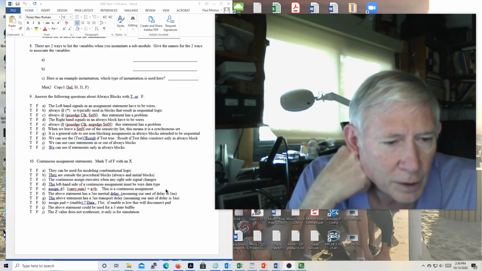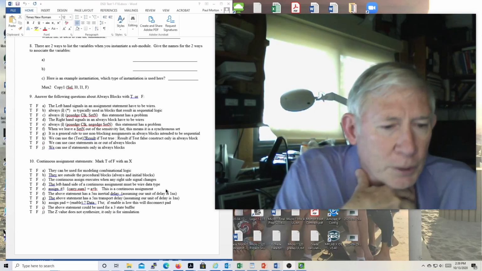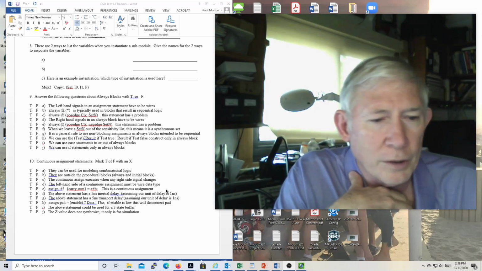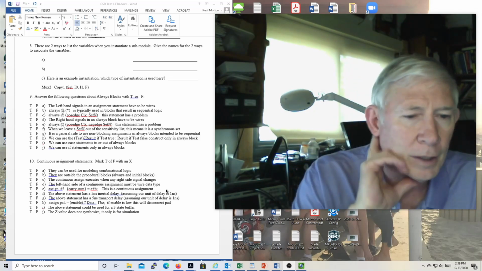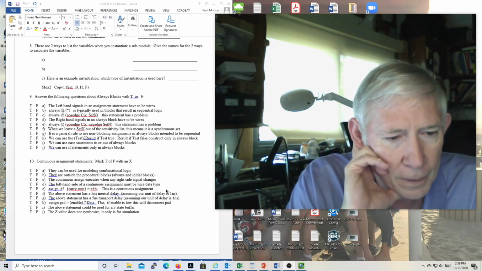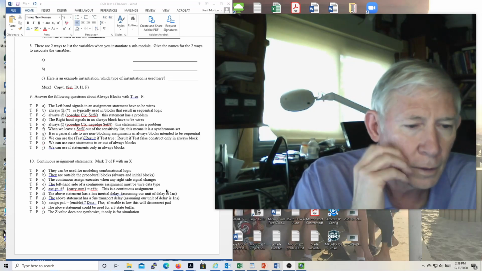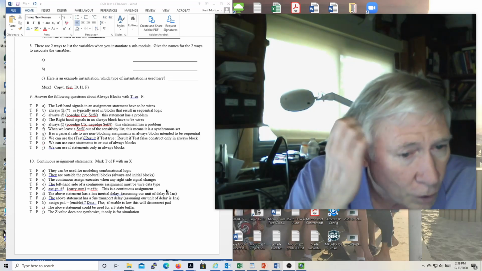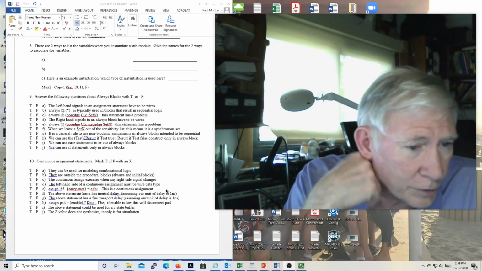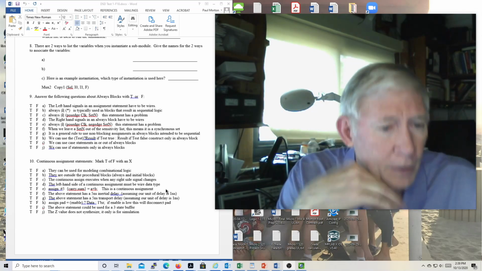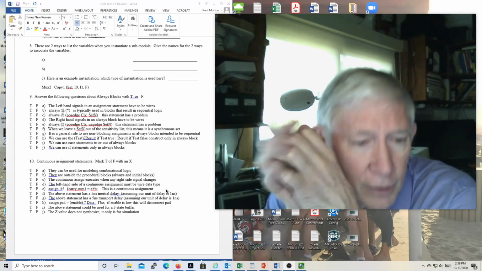Assign pad equals enable question mark data colon 1 tick BZ. If enable is low, this will disconnect pad. So if enable is low, the assigned pad gets disconnected.